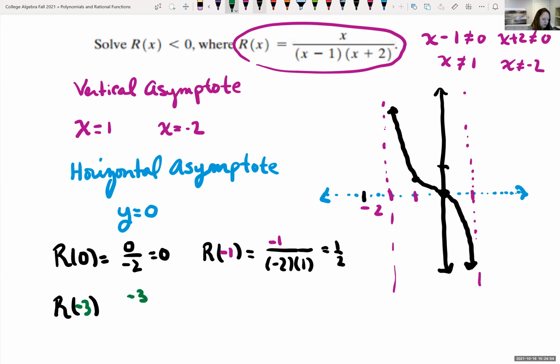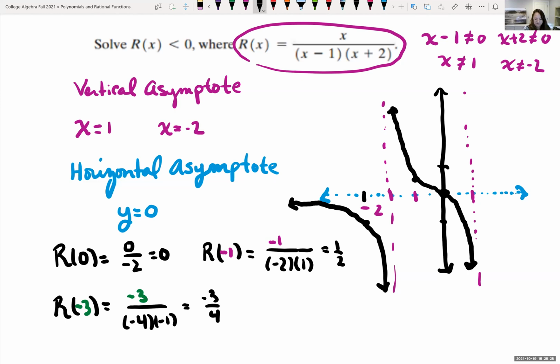We get negative 3 in our numerator all over negative 3 minus 1, so negative 4, times negative 3 plus 2, so that's negative 1. This gives me negative 3/4. This is below the x-axis. Knowing that, as x is approaching negative 2 on the left-hand side, this is shooting down to negative infinity. And as x is approaching negative infinity, my graph is going to be hugging the x-axis, y equals 0.